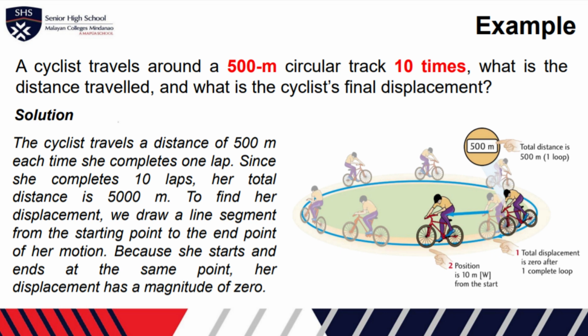Now, to find her displacement, we draw a line segment from the starting point to the end point of her motion. Because she starts and ends at the same point, therefore, her displacement has a magnitude of 0. This concept is not new to you as this has been discussed in the previous lessons.